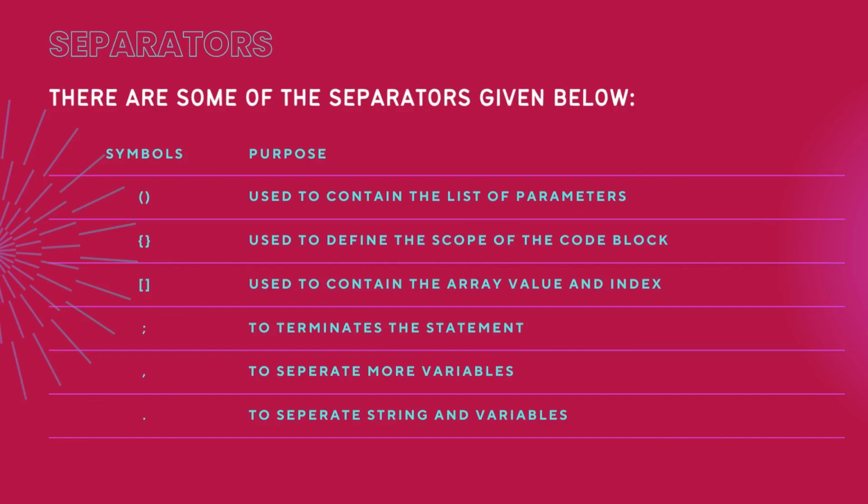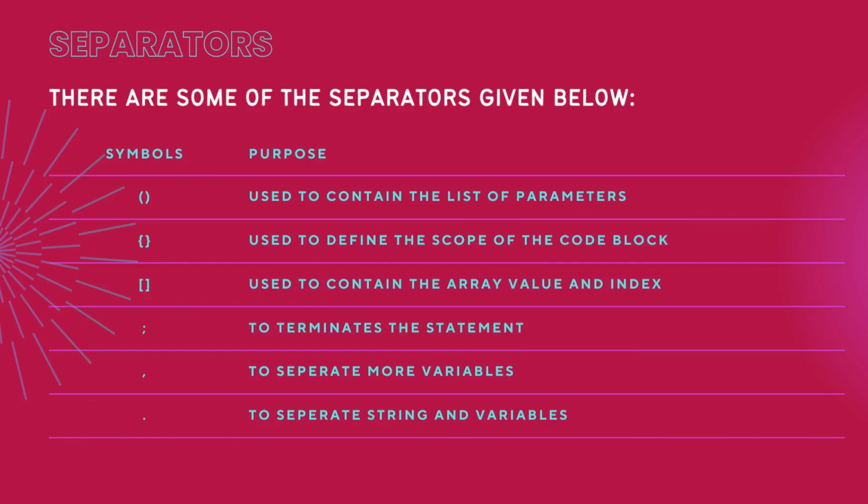The second symbol is braces, used to contain the values of automatically initialized arrays. Also used to define a block of code for classes, methods, and local scopes. The third is square brackets, which are used to declare array types. The fourth is semicolon.